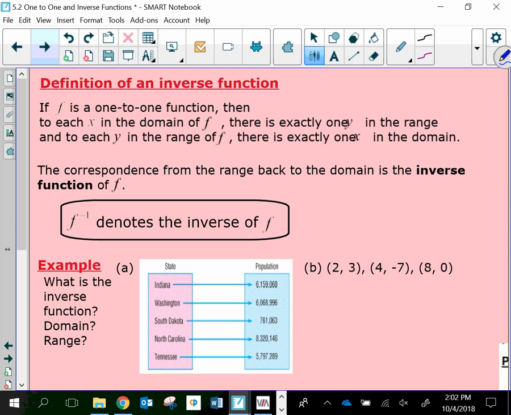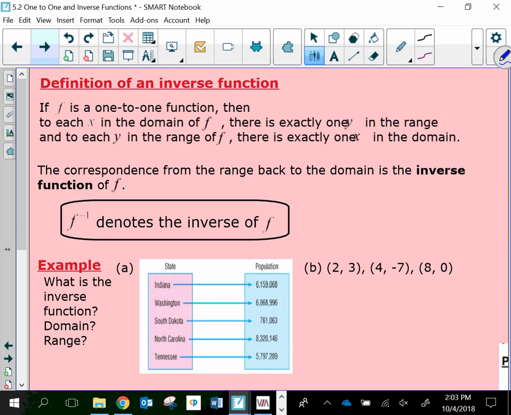Okay. Now, inverse functions are in every chapter from here on out. You can see we're doing inverse functions over here in calculus. Okay. So if f is a 1 to 1 function, then, this is kind of messed up, isn't it? They all got misplaced. What is it supposed to say?